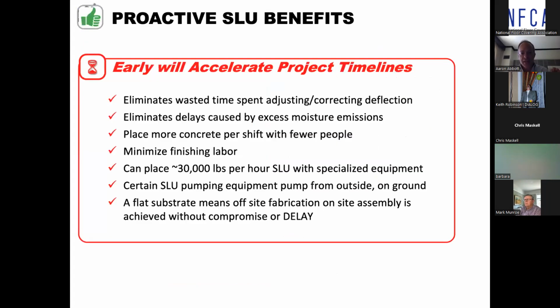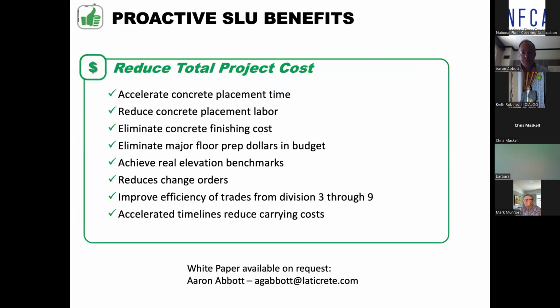So again, just to sort of summarize, going early with and being proactive with installing SLU, or at least planning for flattening proactively, it's going to eliminate that wasted time, minimize labor, and you can do this very fast these days and solve a lot of the problems with change orders.